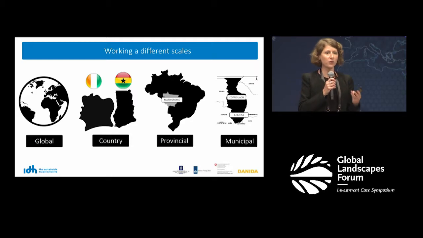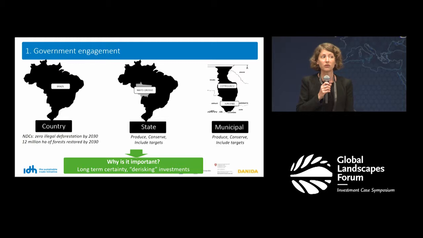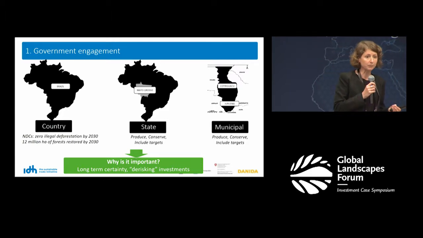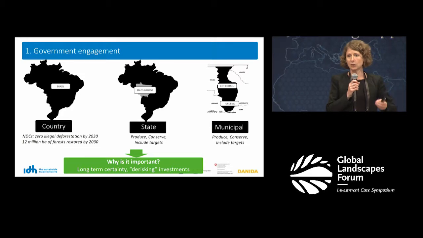And I'm going to tell you about the 3 main ingredients that we've got. The first one is really government engagement, and also government commitments to sustainability targets. Here I'm taking the example of Brazil. At a national level, they've got their NDC that also includes deforestation-related targets.